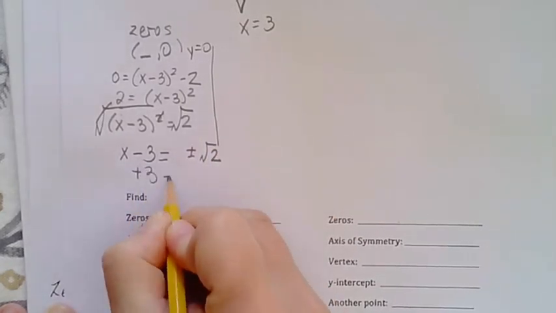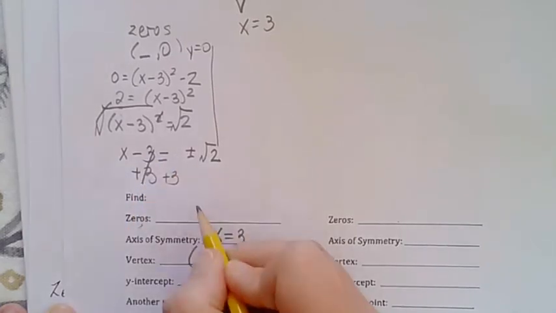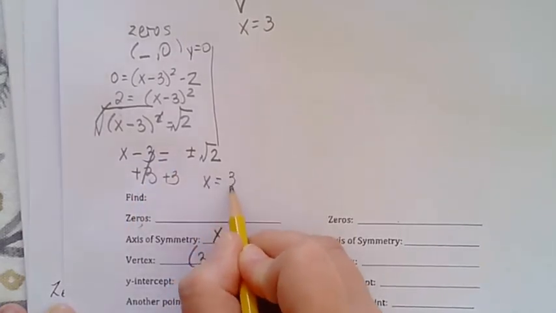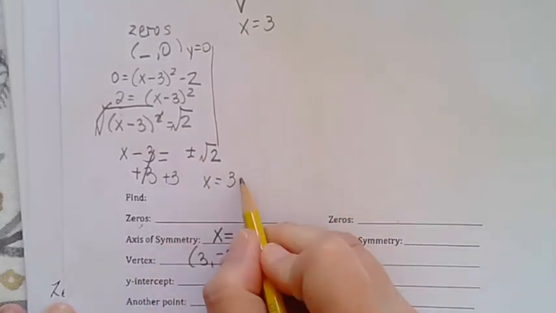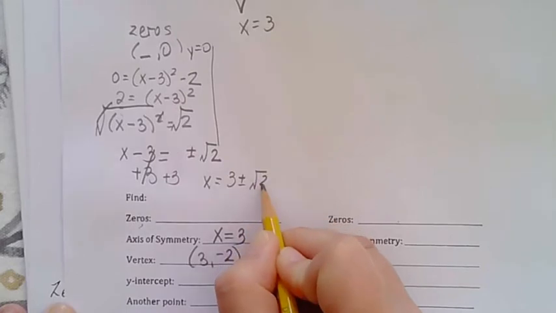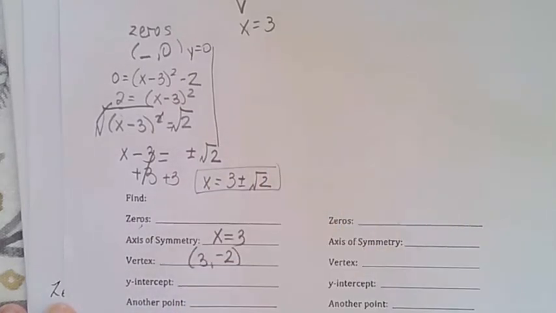Add 3, and I'm just going to put that plus 3 in front, and x is equal to 3. I don't need the plus anymore because that just means it's positive. Plus and minus radical 2. And this kind of looks like a solution you would get if you used the quadratic formula, which is how you would have to solve this if you were given this equation in standard form.